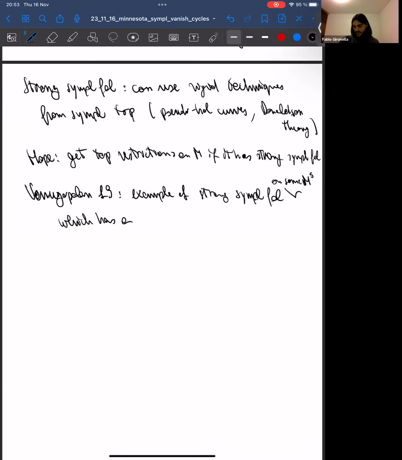She can construct it in any dimension at least 5. So there's an example of a strong symplectic foliation which has a vanishing cycle.